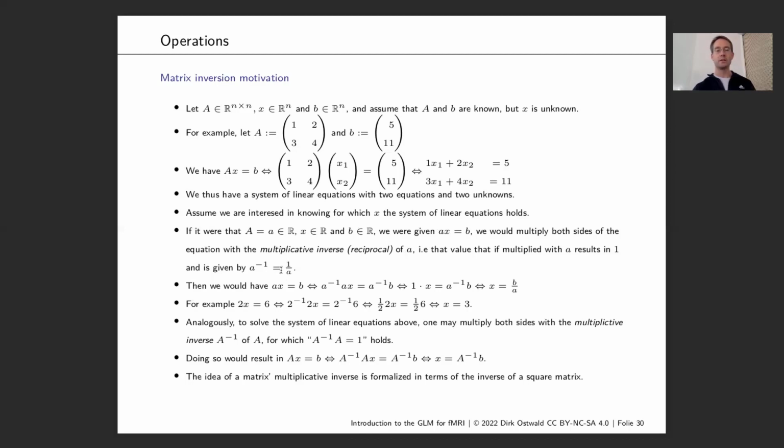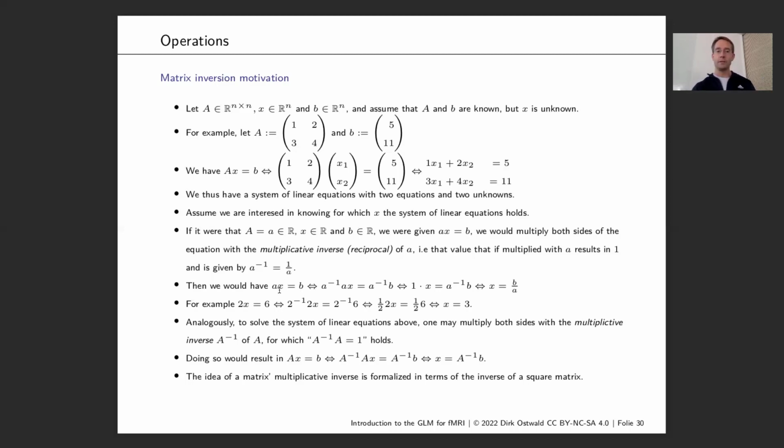Well, it's the thing that if you multiply it with A, gives you the neutral element with respect to multiplication, which means 1. If you multiply any number with 1, you always get the same number again. So that's what's called a neutral element.